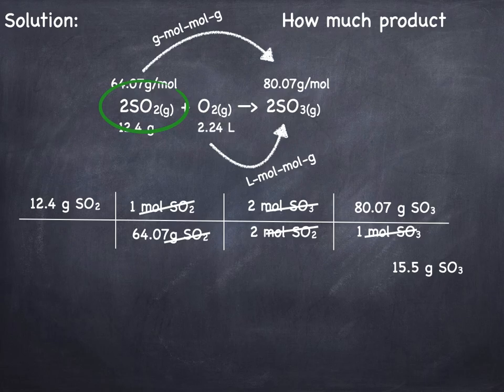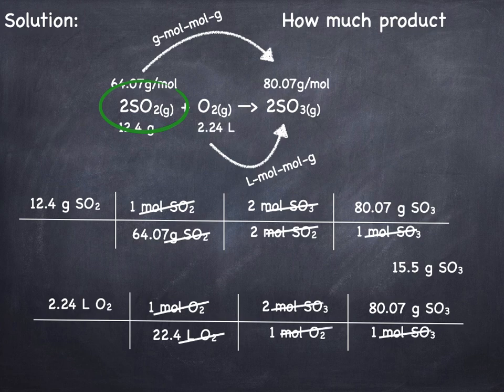And so you're going to set up that game board, 2.24 liters of oxygen divided by 22.4 liters, get your mole ratio in there, and then again the 80.07 grams. And what you end up getting there is that oxygen would produce 16 grams of sulfur trioxide. Whichever of these 2 calculations gives you the lower number is your theoretical yield.